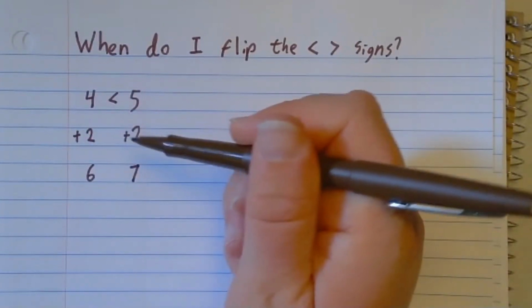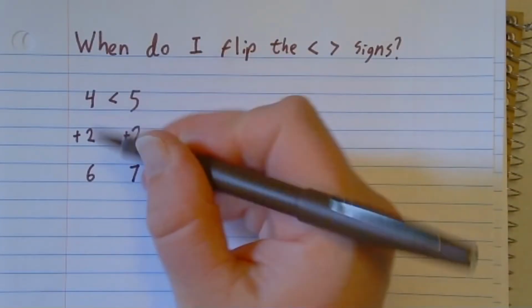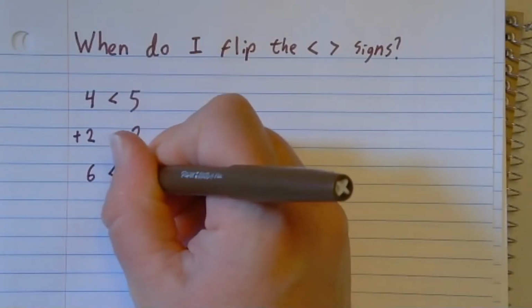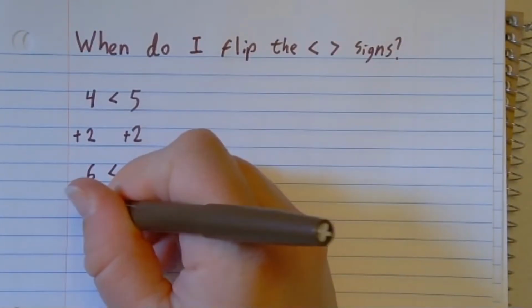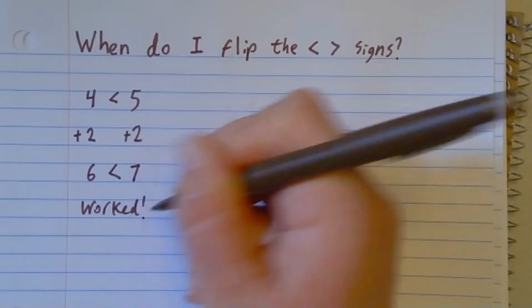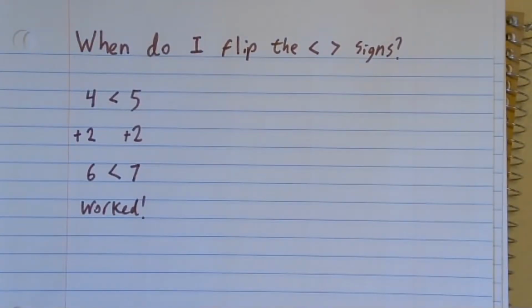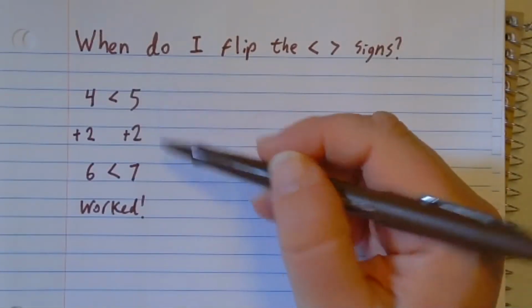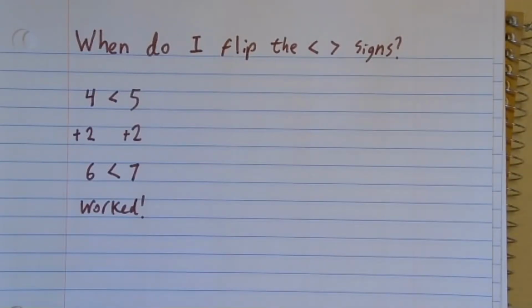So do I get the same relationship? Well, yes, 6 is less than 7. So this one worked. My relationship didn't change when I added 2. So that's good, and I'm going to just trust that I can, in general, add numbers.